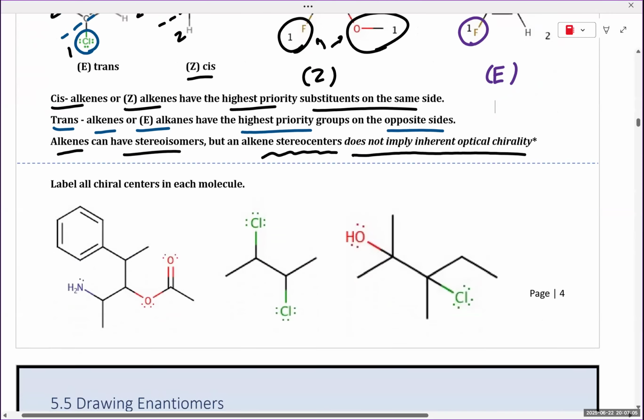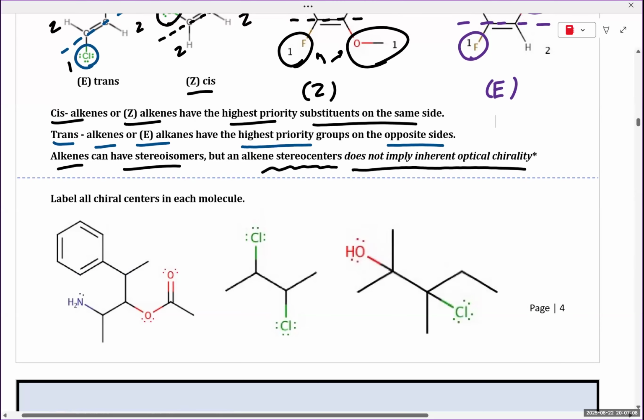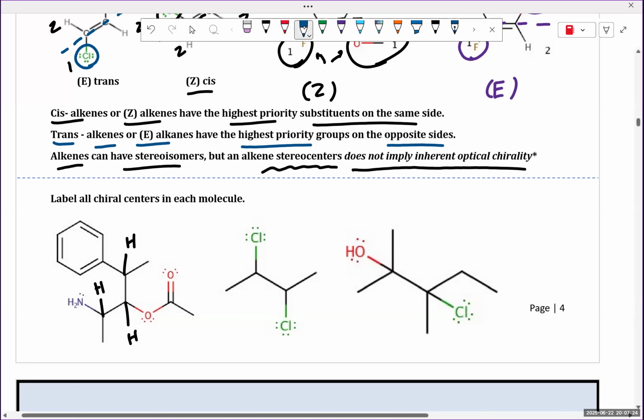Okay, so we've talked a lot about chiral centers, so let's practice labeling chiral centers in each molecule. I'll do the first example. First and foremost, please add in the implied hydrogens. Anytime you have a suspected chiral center, add in the implied hydrogens.